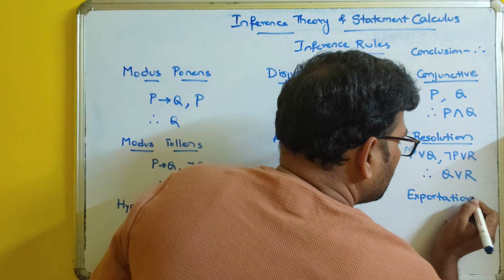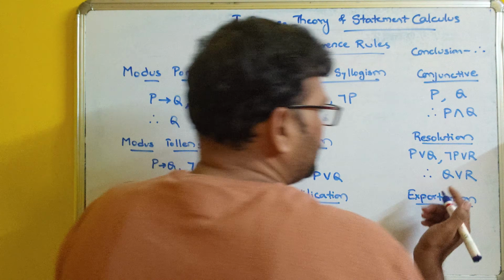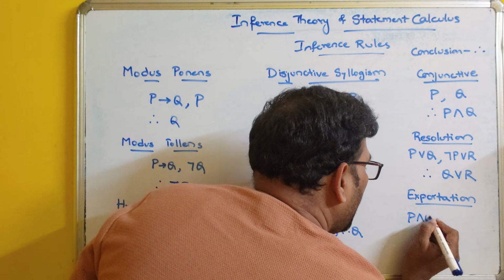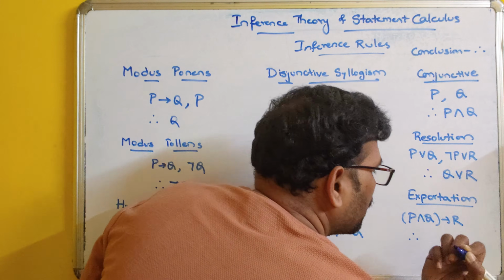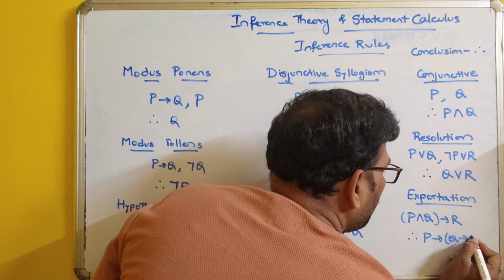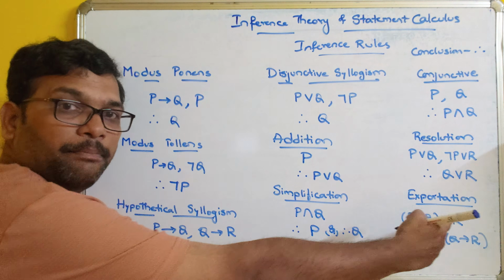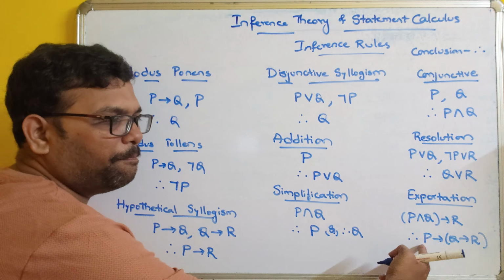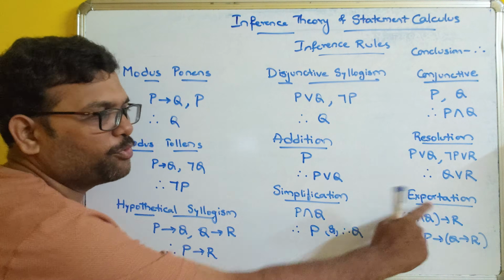exportation. So these are the different rule names. Okay, exportation. So if the premises are in this format P and Q implies R, then the conclusion can be P implies Q implies R. This is an exportation.